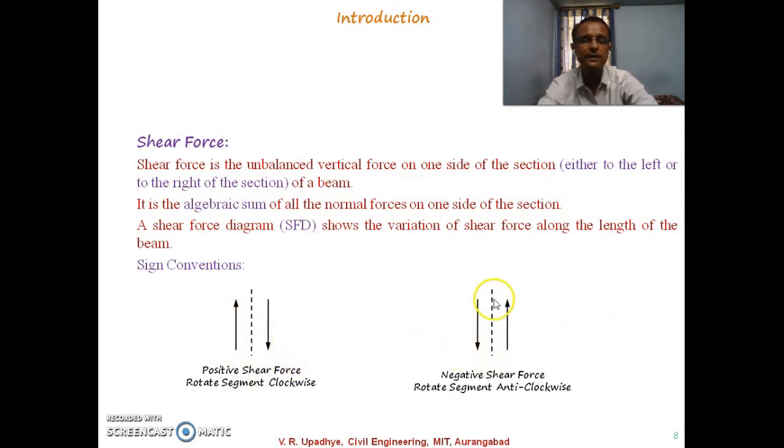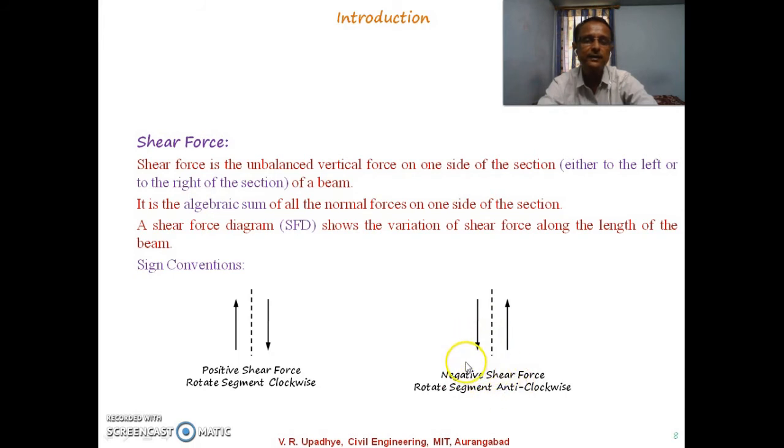Otherwise, if we are considering a section somewhere like this and the left part of that particular section, then the forces which are downward will be termed as negative shear force, and the forces on the right part of the section which are upward will be considered as negative shear force.